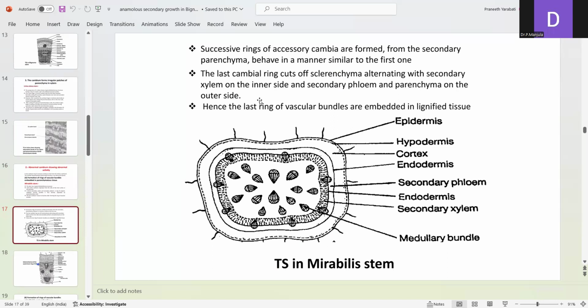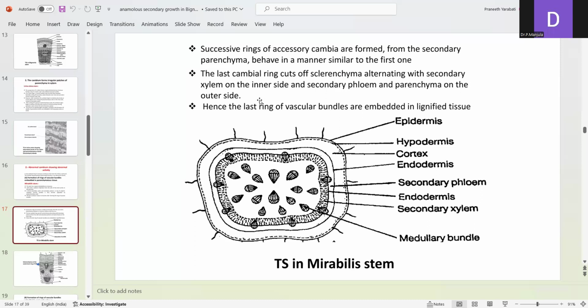Generally, a normal cambium produces secondary xylem towards the inner side and secondary phloem towards the outside. But here, along with the secondary xylem, it produces sclerenchyma cells to the inner side, and on the outside it produces secondary phloem and parenchyma. So it is also an abnormal activity.